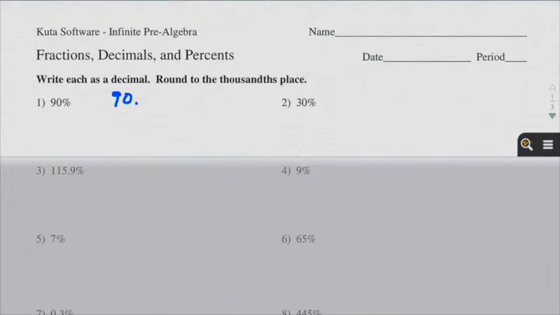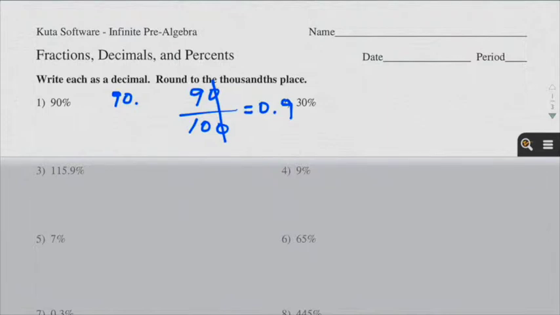And so what we want to do is convert the percent, if you want, to 90 over 100. You're just writing the number value over 100 and removing that percent sign. While it's in this fraction form, we can cancel those zeros out, and we end up with 9/10. 9/10 as a decimal, I'll just tell you, is 0.9.